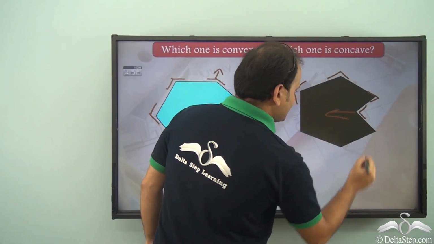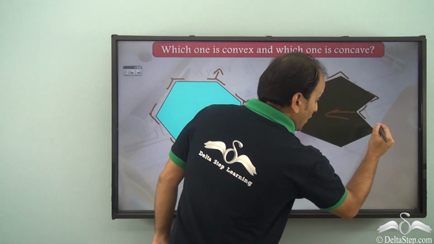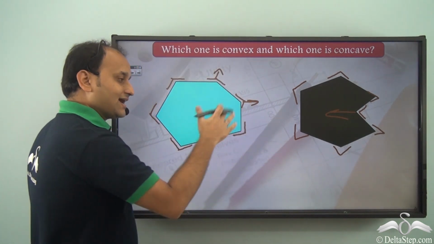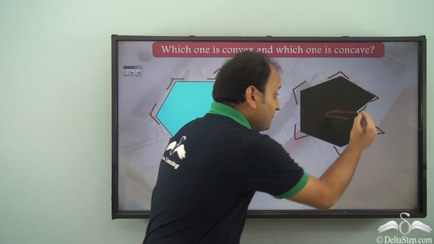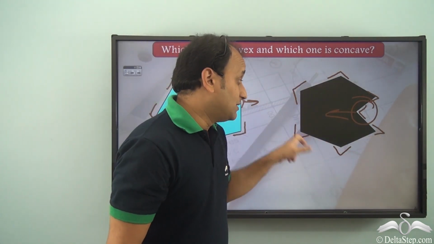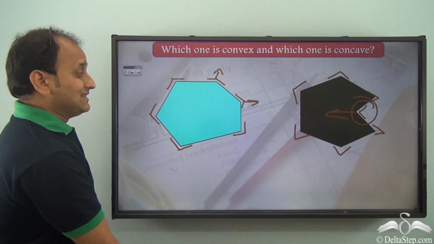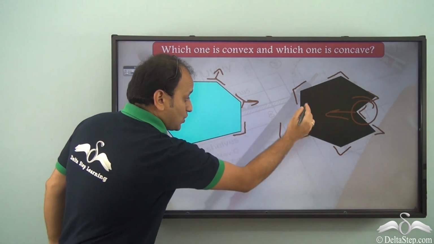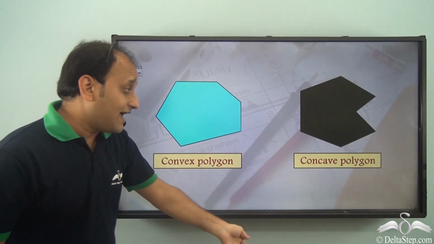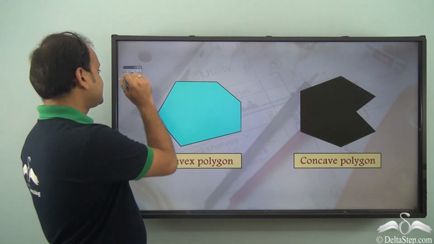So here in this case, we have an arrow pointing inwards. Apart from that, all other vertices are pointing outwards. So even if one vertex is pointing inwards, then the particular polygon will be a concave polygon. So this is convex while this is concave. So that's how we can identify a concave polygon and a convex polygon.